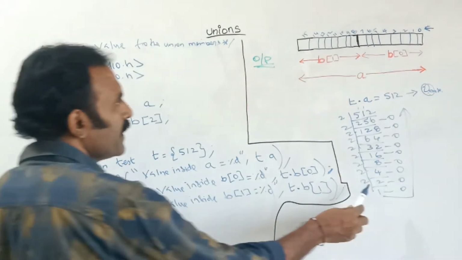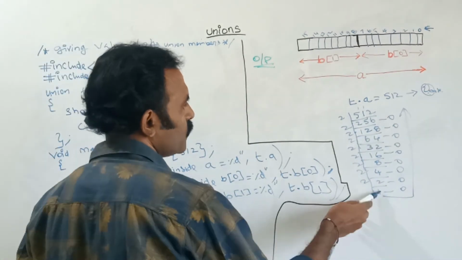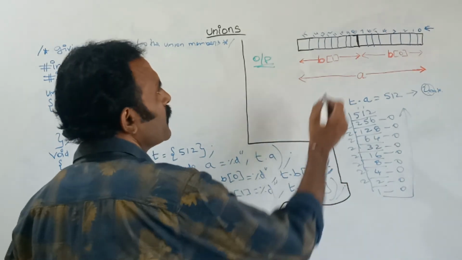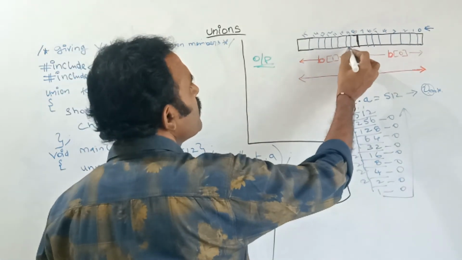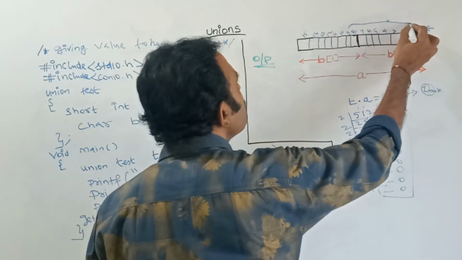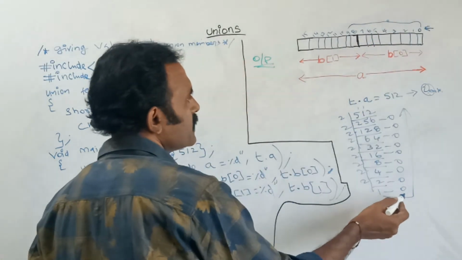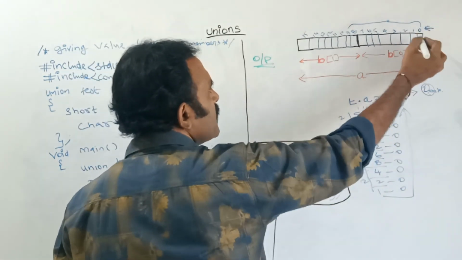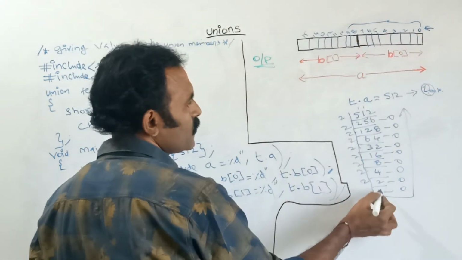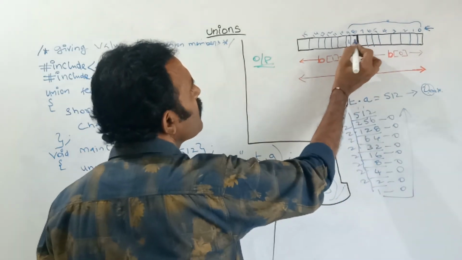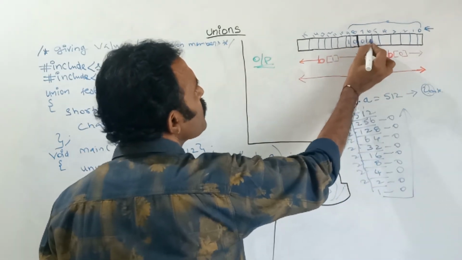So the binary value is here 1 and 9 zeros. Totally 10 bits were occupied. If we convert this, totally 10 bits. That number starts from here. See, 10 bits means here 1 and 9 zeros.